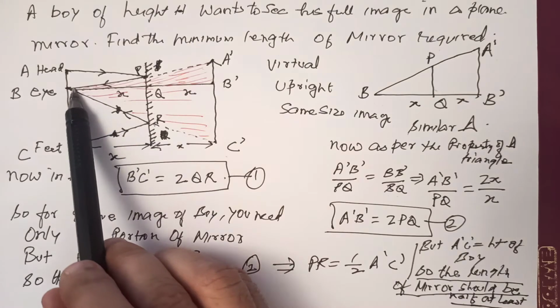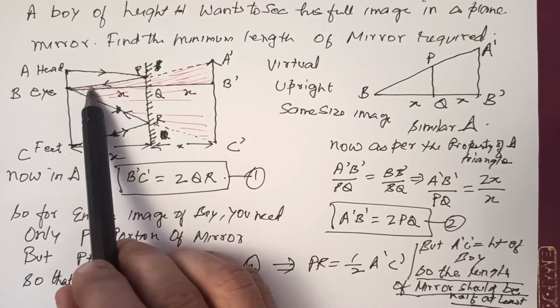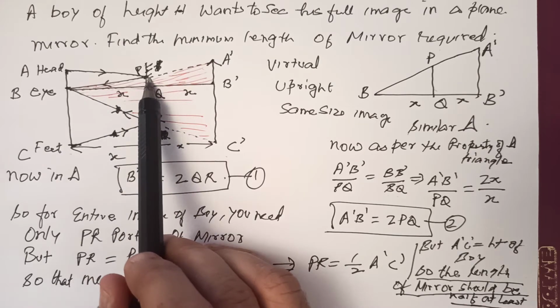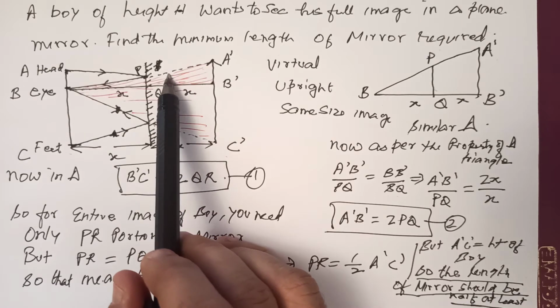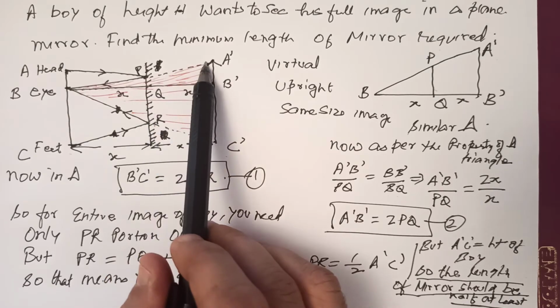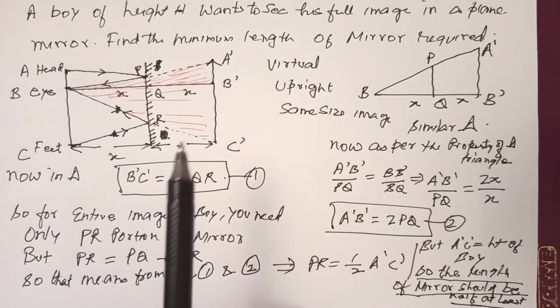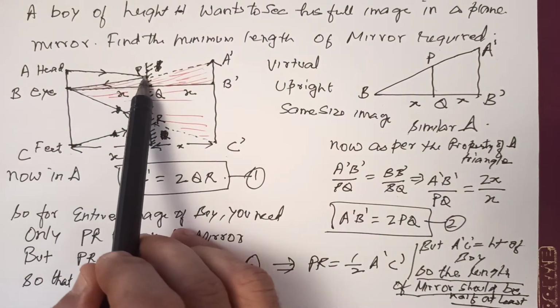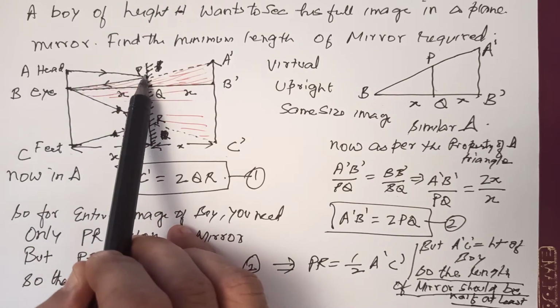I am just connecting it with a line. But as you know, beyond the mirror it is just a reflection. Beyond a mirror, it's just a reflection, so it is a virtual image. So after the mirror, I've put in dots here. And then after here, the rays are actually this way.